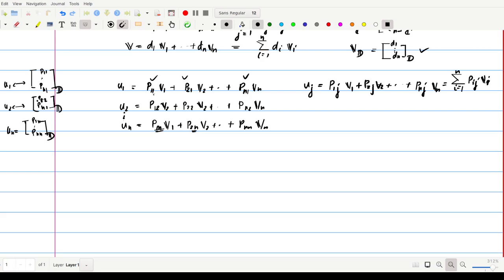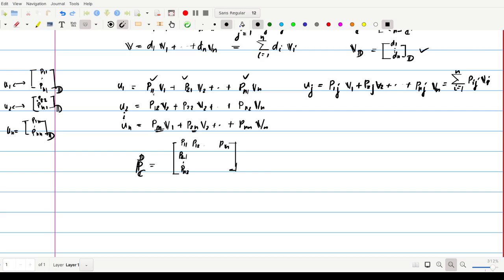Using these coefficients you can construct a matrix, say P, consisting of the elements p11, p12, etc. We define this matrix and denote it as the matrix P relative to c and d. This matrix consists of the elements p11, p12, etc. p1n. In the other way, the first column is p11, p21, etc.